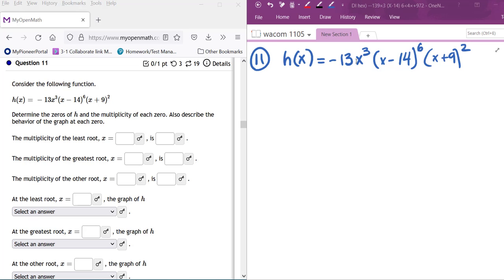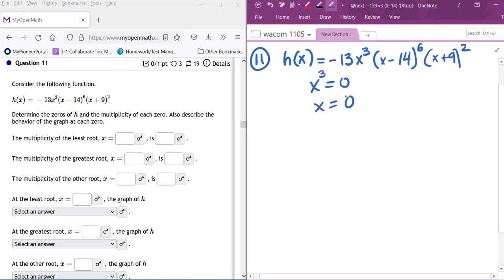For this piece, you're not worried about the -13, but you're going to set each one equal to 0 and solve. So x to the 3rd equal to 0, x has to be 0, but has a multiplicity of 3. And we'll write that here, multiplicity 3, which is odd, so it's going to cross. That's your behavior at 0.